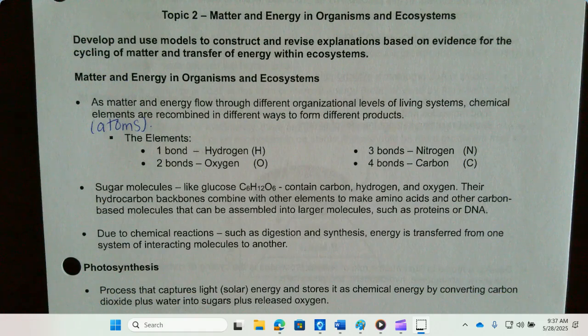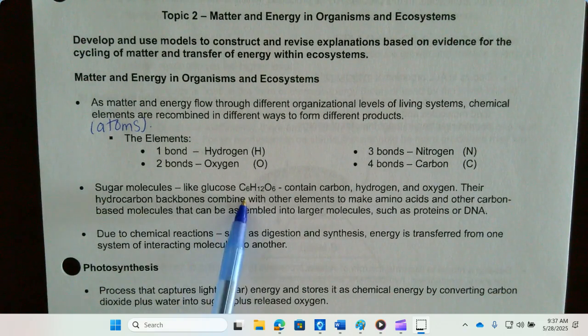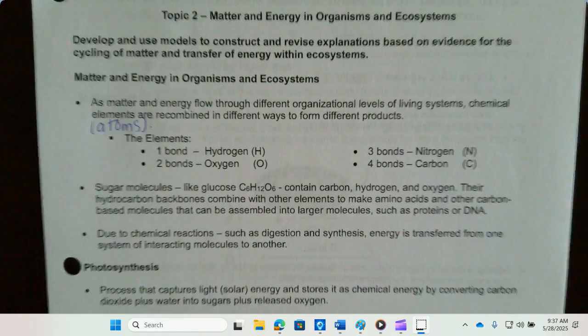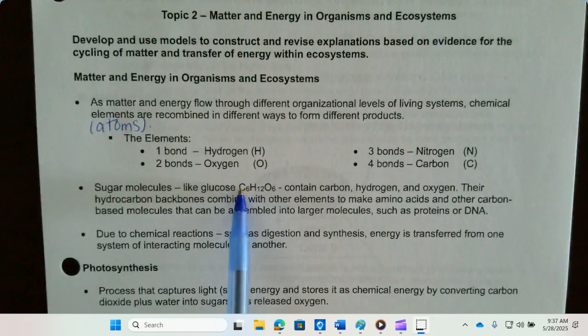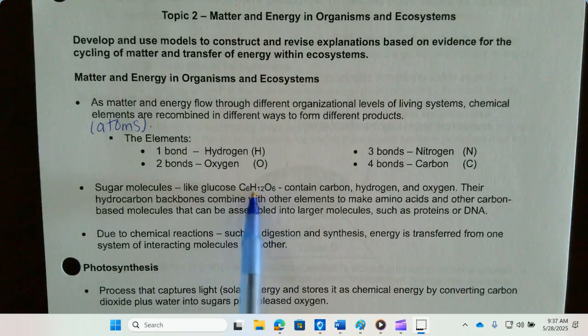Then it says sugar molecules like glucose, and right here we have that chemical formula. Do you have to have it memorized? No, but I do think it's beneficial so you can see these are going to be the letters, atoms, elements that we're talking about. Glucose is C6H12O6. Remember right here, that number is referring to how many carbon we have. So we have 6 carbon, we have 12 hydrogen, and then we have 6 oxygen.